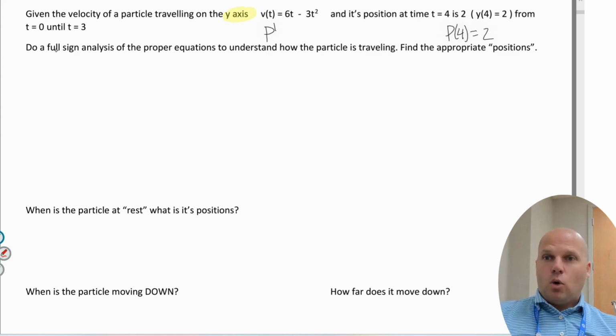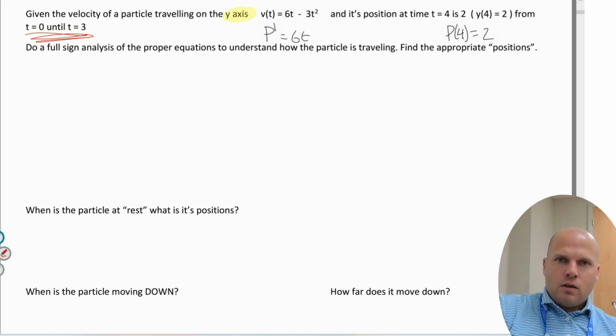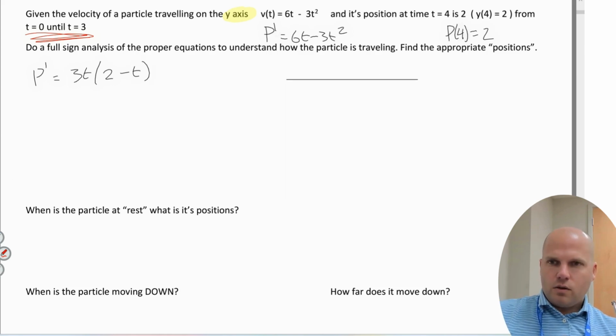Okay. We're talking about 0 to 3. That's nice. We have an interval. So let's do an analysis of our first derivative. We got 0 and 2. We're going to 3.